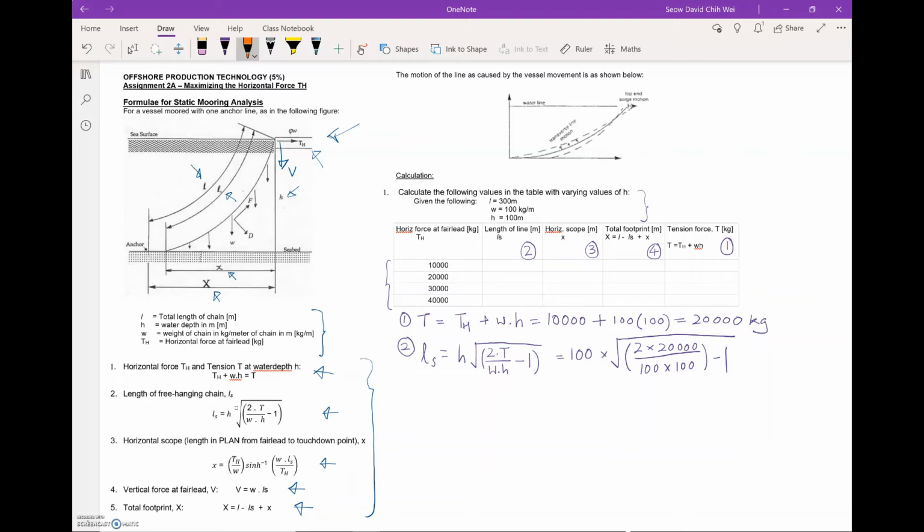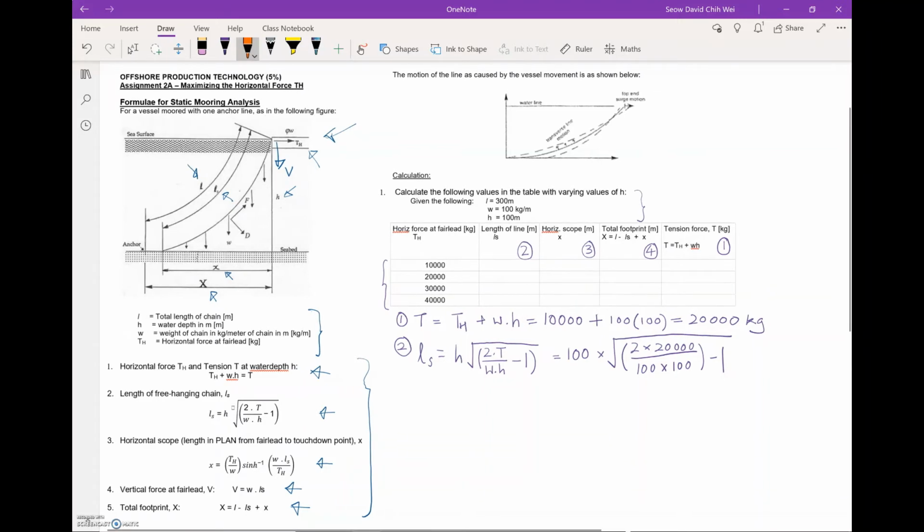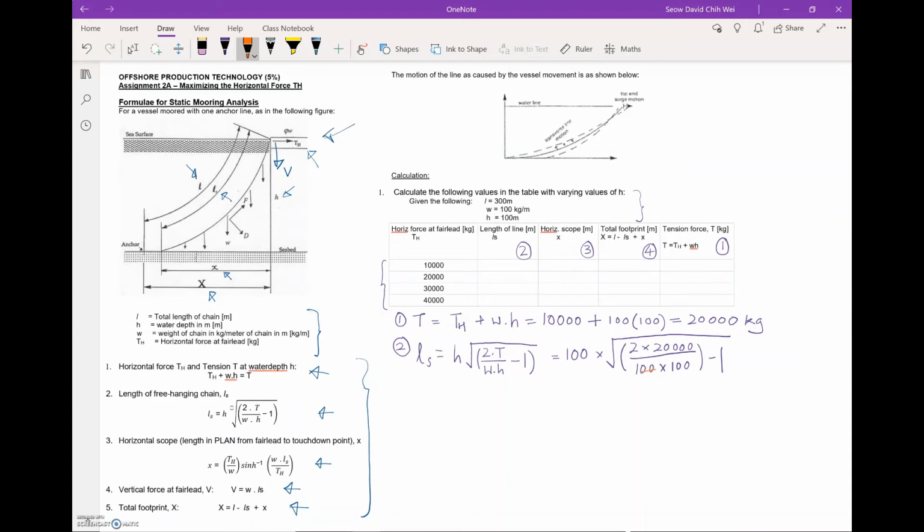Looking at the number of zeros, I can cancel them off by observation, and what's left is 100 times the square root of 3, which gives 173.2 meters. So this is the answer for number 2.